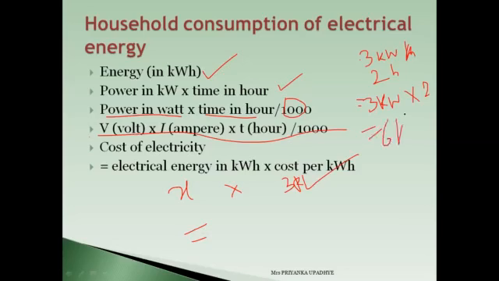Every day that appliance is using 6 kilowatt hour of energy. Over a month, we multiply this with 30, and we get 180 kilowatt hour.